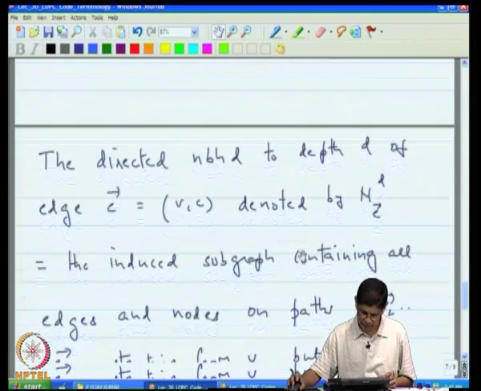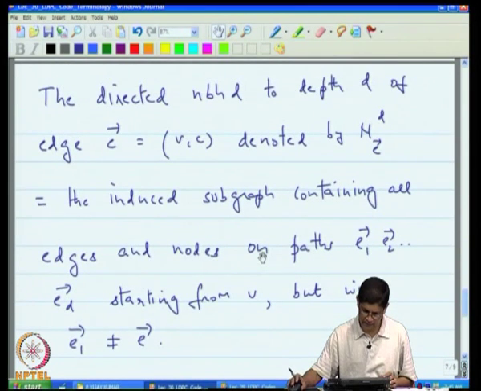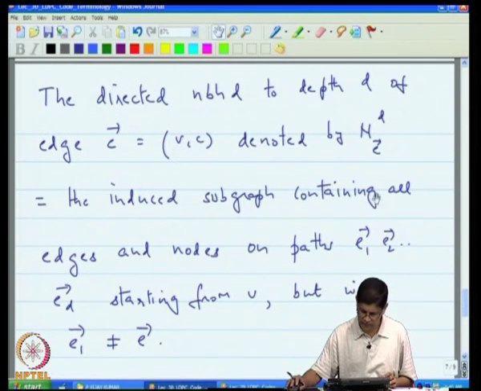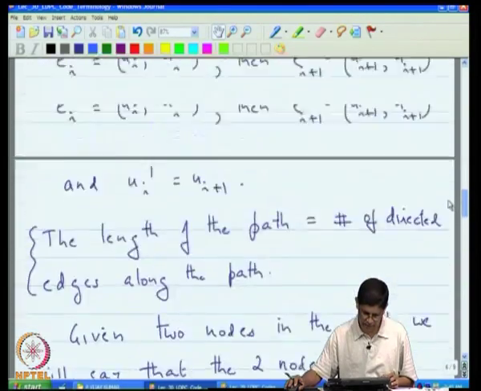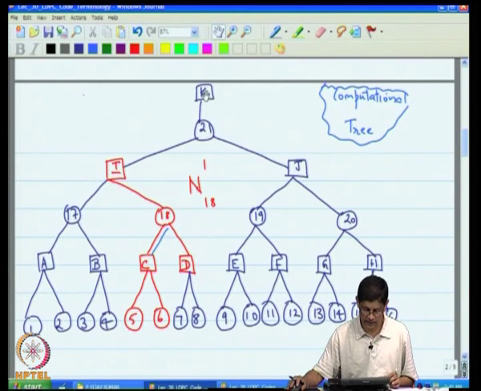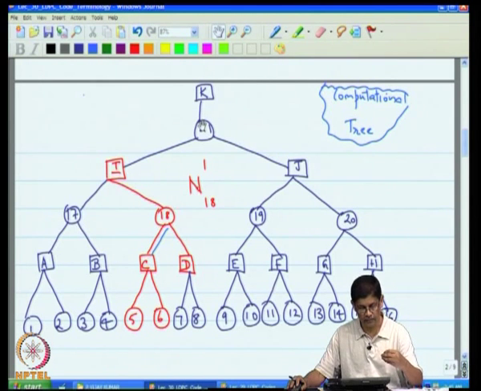The only difference is that it is similar to the earlier definition, except that the initial path is disallowed from being the original edge.